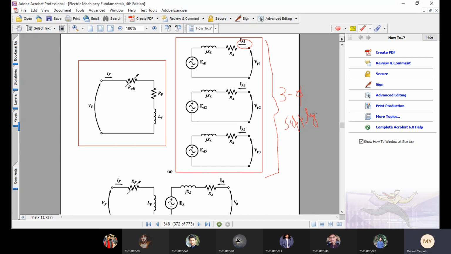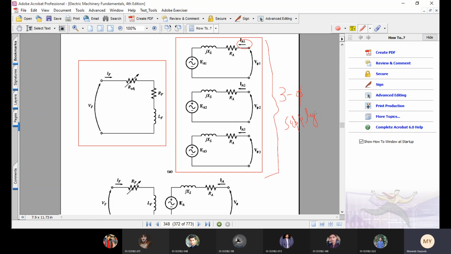So when we connect the synchronous motor to a three-phase supply, currents start flowing from those three phases towards the three terminals EA1, EA2 and EA3. And obviously due to these three-phase voltages, a rotational magnetic field is produced and hence the motor starts rotating.